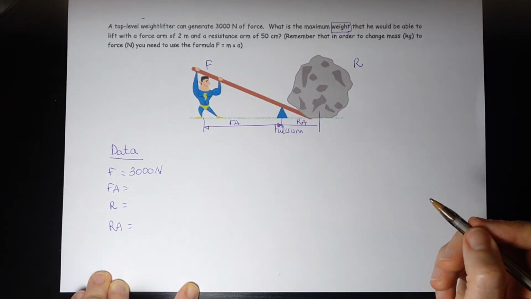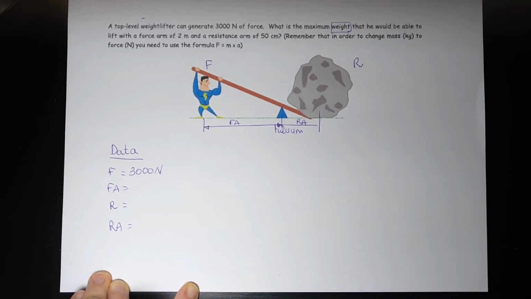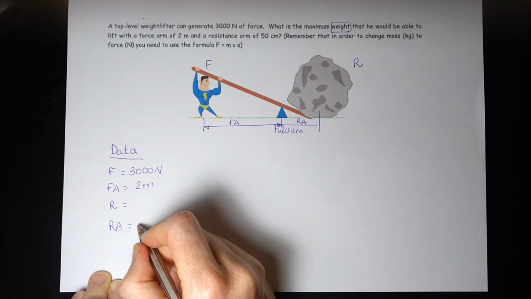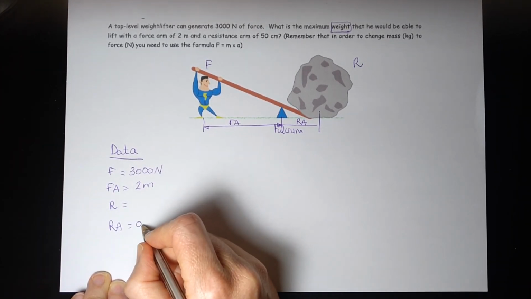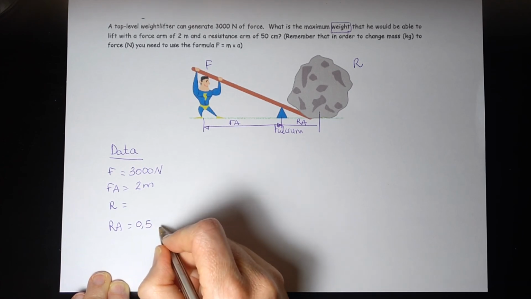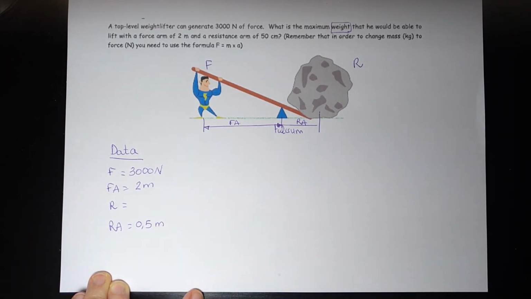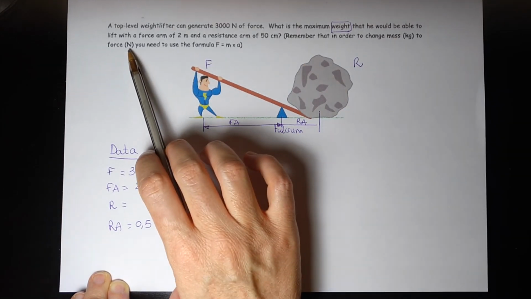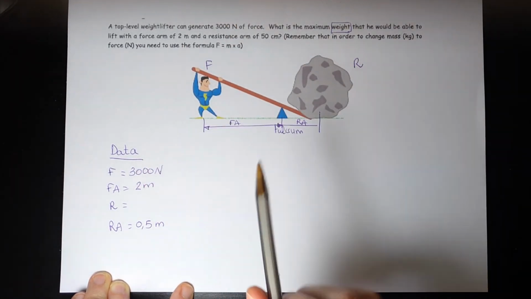They are asking us to express it in kilos instead of in newtons. That he would be able to lift with a force arm of 2 meters and a resistance arm of 50 centimeters, that is 0.5 meters. And it says, remember that in order to change mass into force, you need to use the formula.